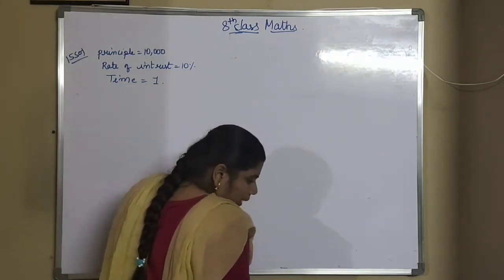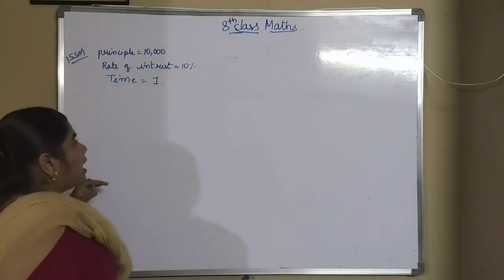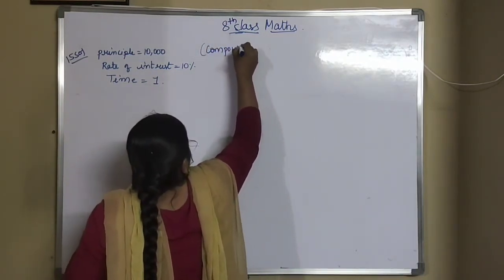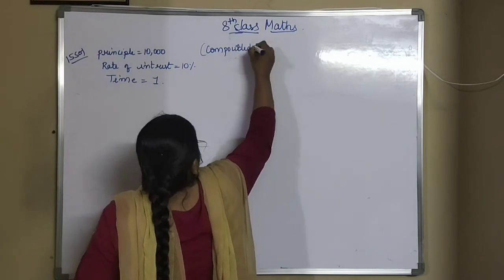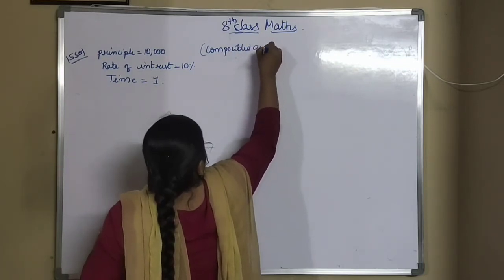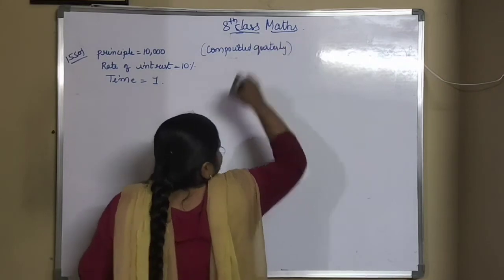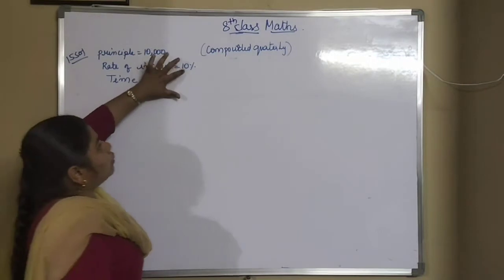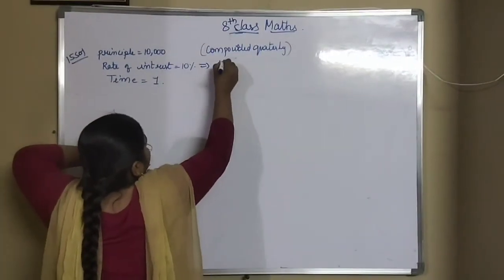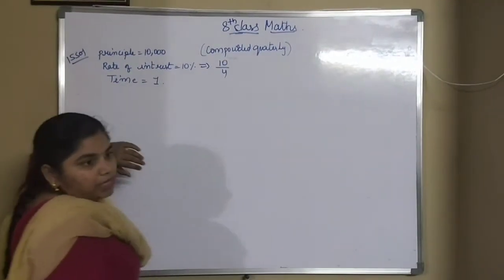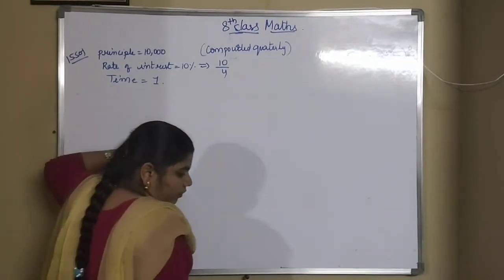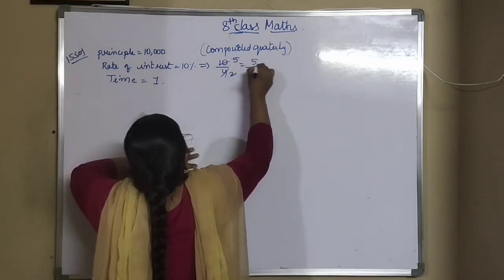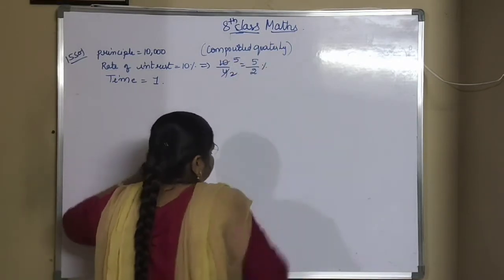So they are asking about compounded quarterly. Quarterly is nothing but divided by 4. So these two values we have to divide by 4. Now 10% if you divide by 4, 10 by 4, in which table can we cancel? That is the 2 table. 2 2s are 4, 2 5s are 10. So you got the rate of interest as 5 by 2%.